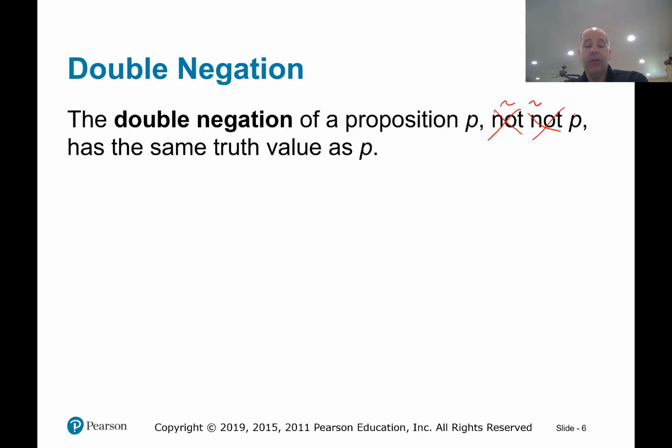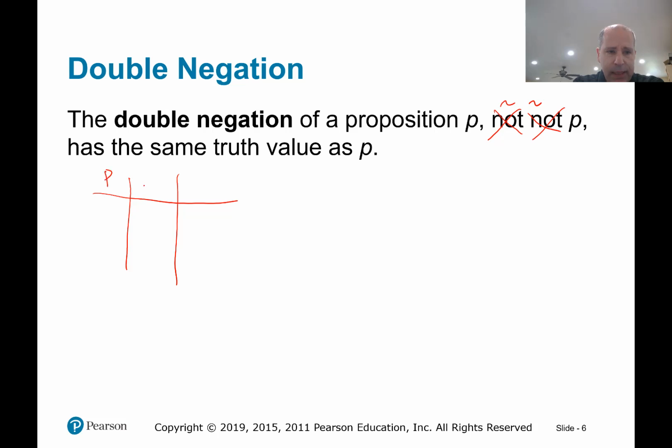Now, the cool thing is negations in logic are like negative signs in mathematics. They cancel each other out. Every pair of negations cancels each other out. So not not P is the same as P. If we just use our truth table, it makes it really easy.